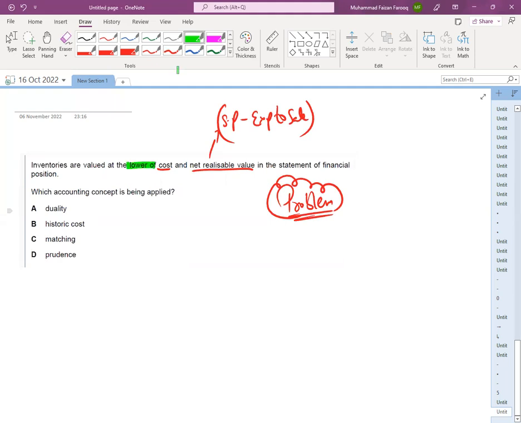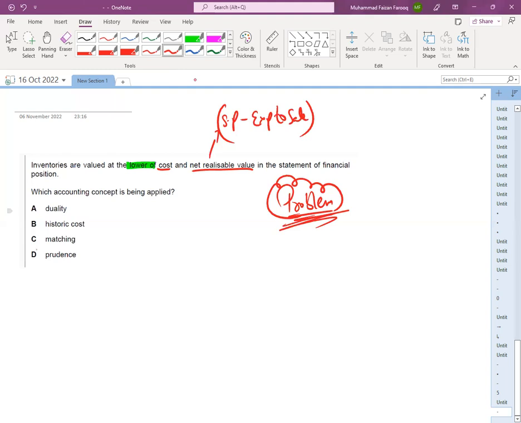This concept means we are recording a foreseeable or forecasted expense. Lower of cost or NRV means there is a problem in inventory, and we are recording the problem right now. What we learned in our classes is that expected expense must be recorded right now, but income should not be recorded until it is realized.